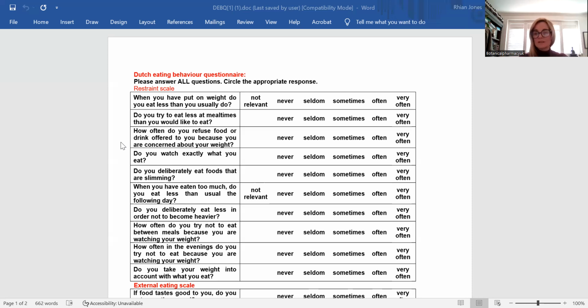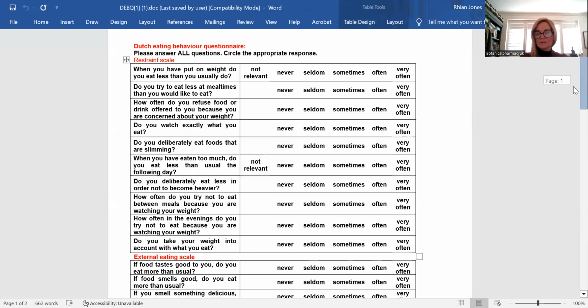We know that undereating tends to lead to overeating. If you're trying to help someone from a weight loss point of view, you can't really help them if you don't understand their drivers to overeat. If you understand those drivers, you've got a really good chance of helping them.